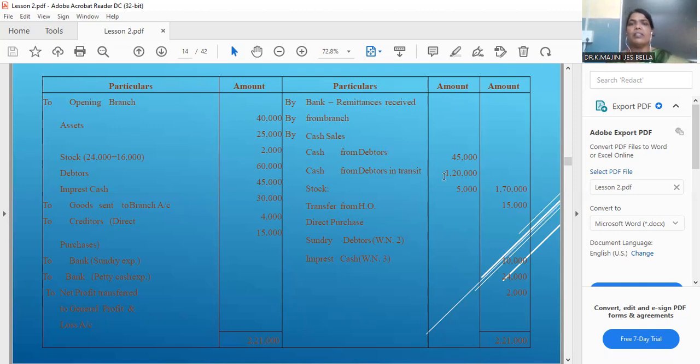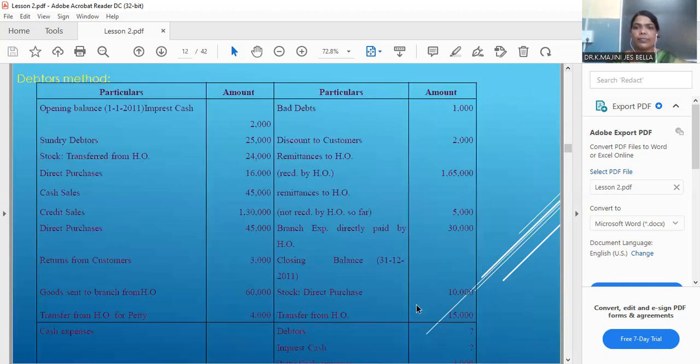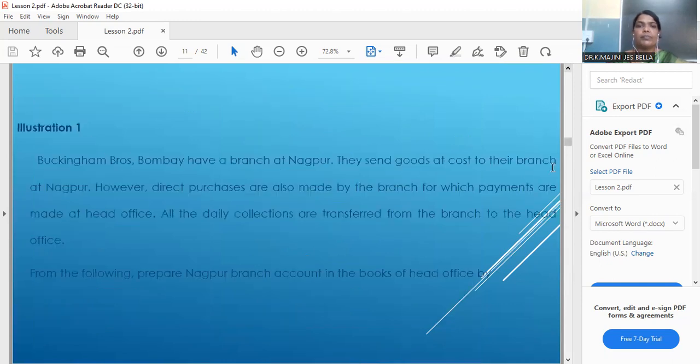Okay, then cash sales. See here. One lakh 20,000 plus 45,000, right?